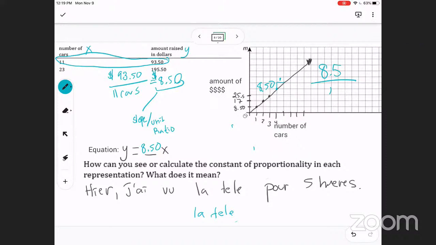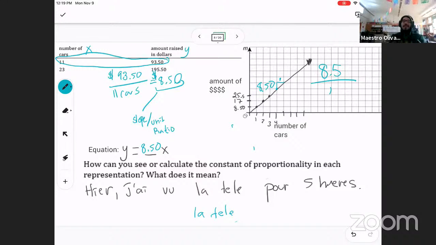Can you repeat it? Hier, j'ai vu la télé pour 5 heures. Okay, this obviously means 5, right? Cinco. Yo quiero ver la... No. 5 heures. Oh, sorry. 5 es 5. What do you think this means?